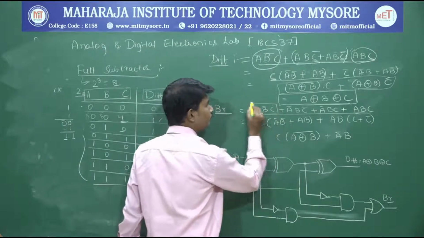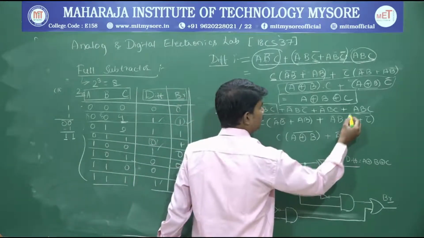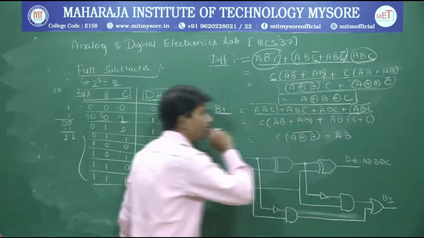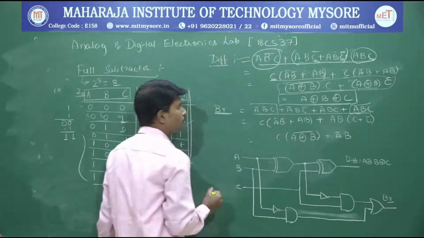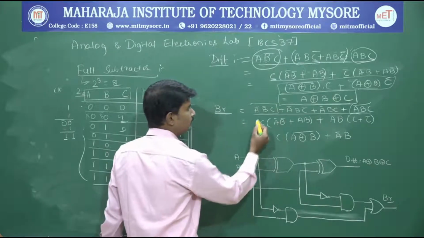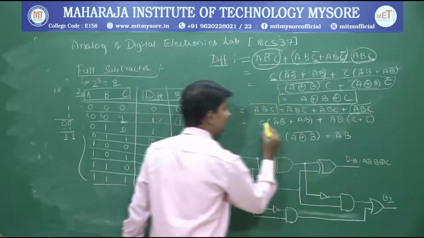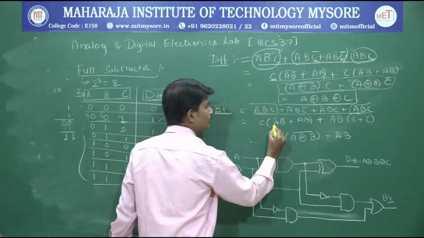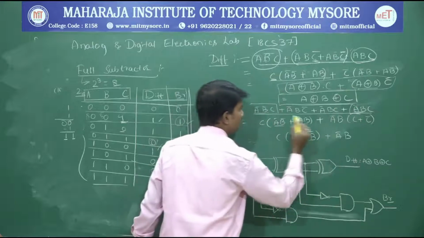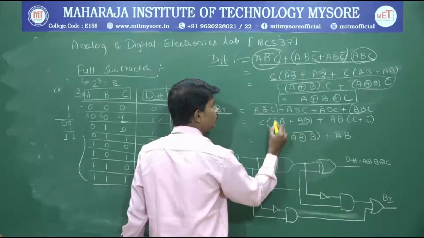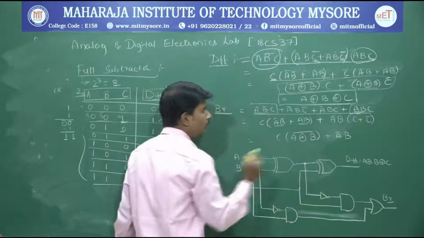I am going to search for a common variable in these two SOP forms. Here I can see that C is common. I'll retain A bar B and AB, so that makes it C into A bar B bar plus AB.